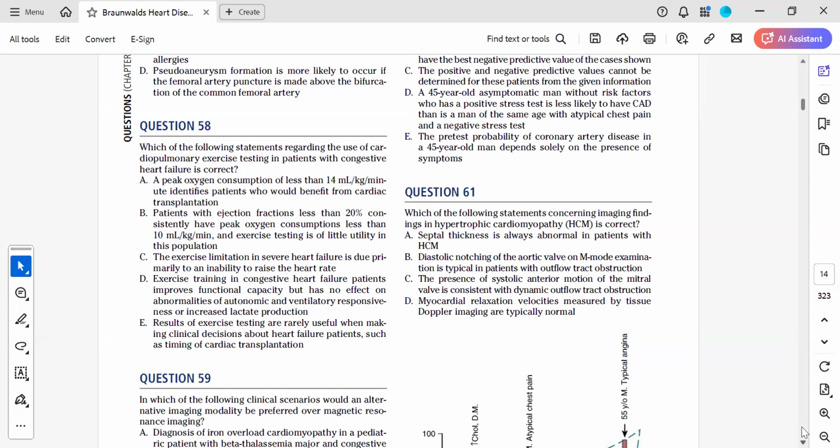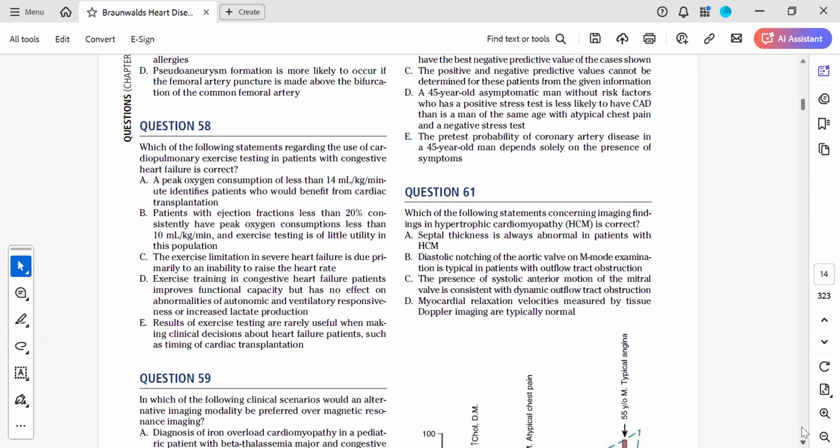This option is false. Then E. Results of exercise testing are rarely useful when making clinical decisions about heart failure patients, such as timing of cardiac transplantation. This option is false because we said that patients with peak oxygen consumption less than 14 ml per kg per minute usually benefit from cardiac transplantation.